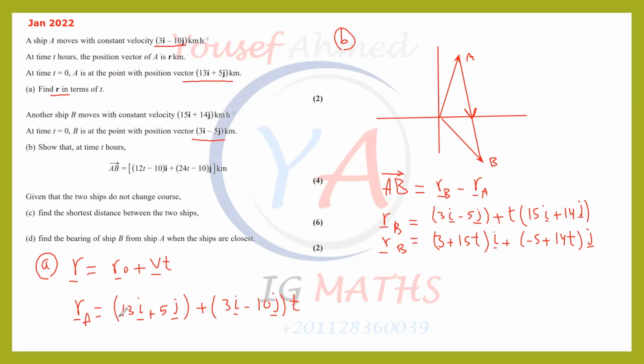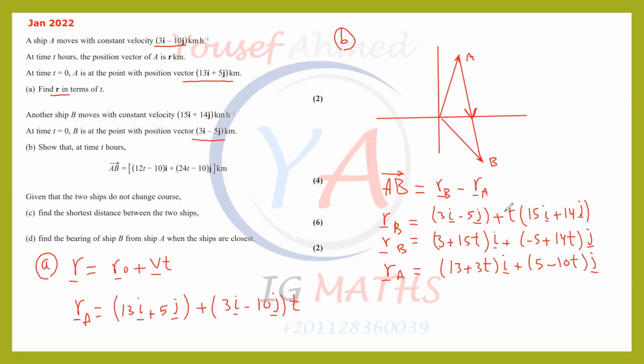We can write that RA is equal to 13 plus 3t in the i direction, added to 5 minus 10t in the j direction.